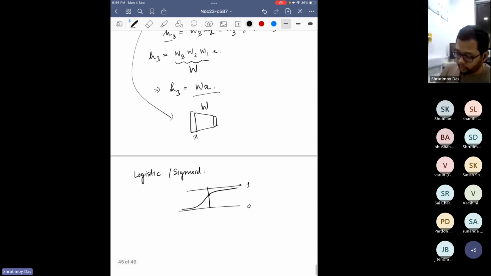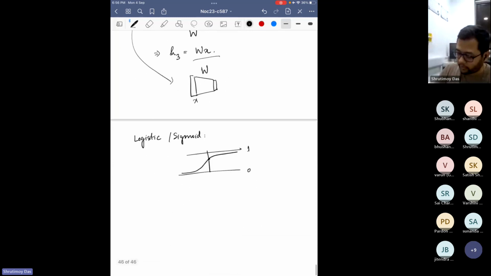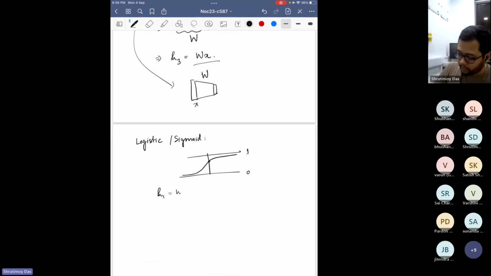Suppose your activation at this point is H1, which is W1X. Then your activation 1 is sigma applied on top of this. This could be any real number, it could be 100, 1000, or minus 1000. But when we apply sigma to this, you get a value between 0 and 1.